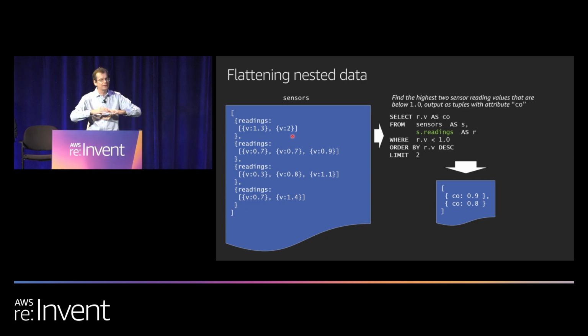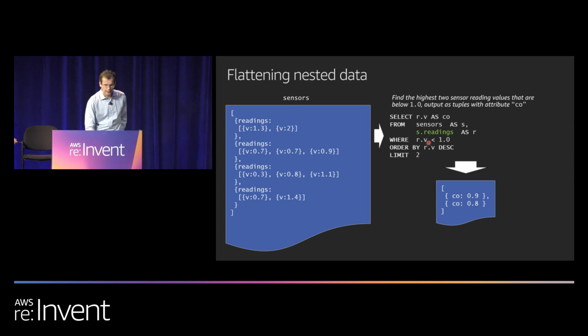Okay, so we'll basically have to get access into the readings. We'll have to, as we call it, flatten this data. So here in green is the very simple extension to SQL's from clause that allows us to do this.